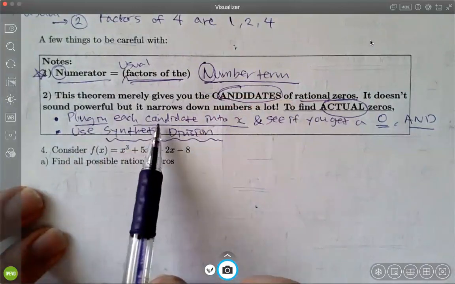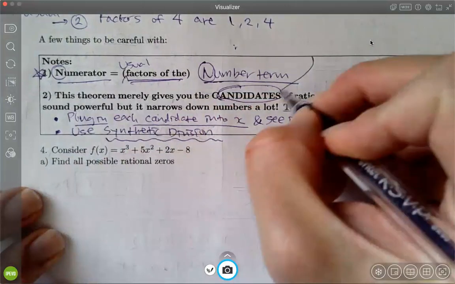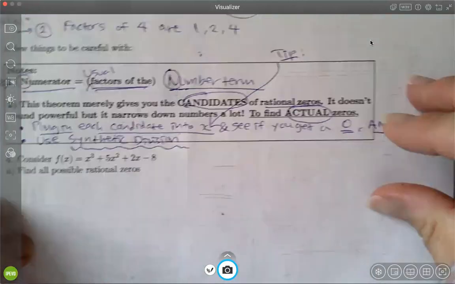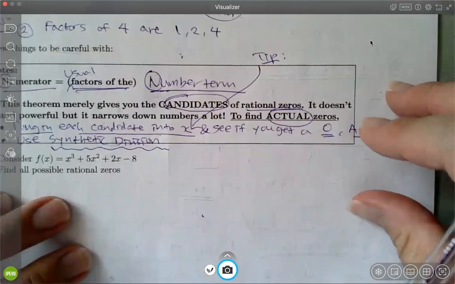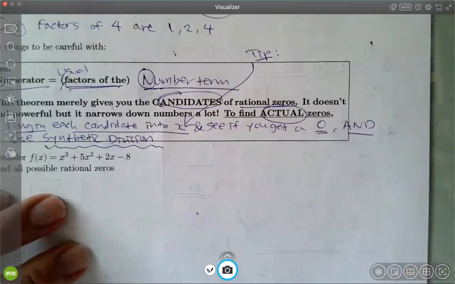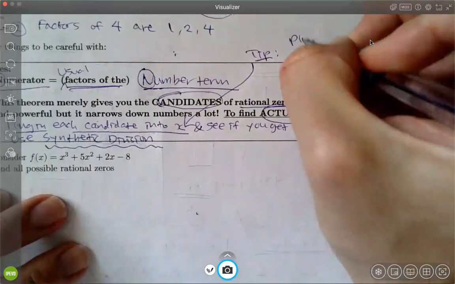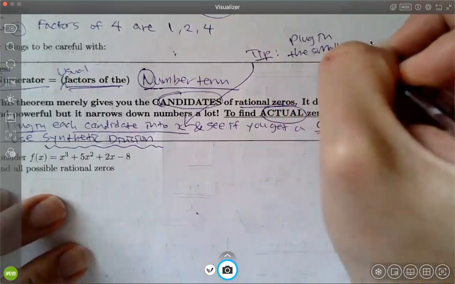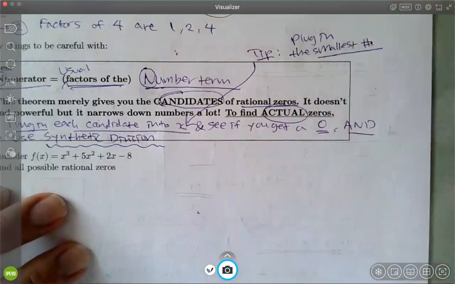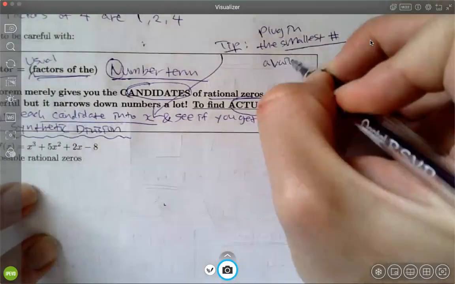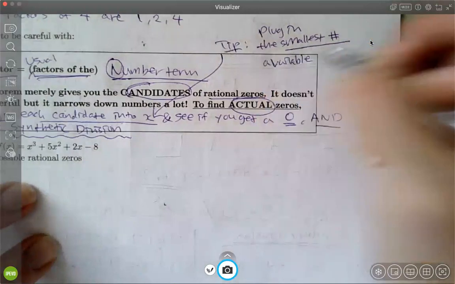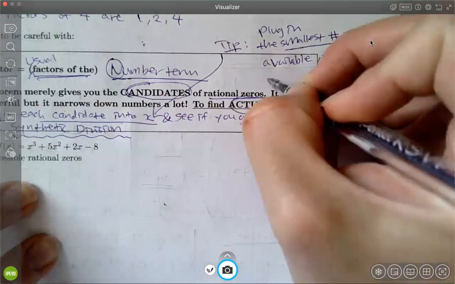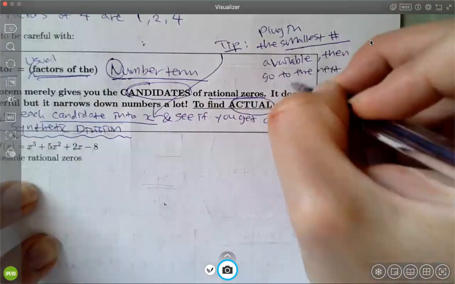My recommendation is to plug in the smallest number that's available, and then go to the next smallest and so on.